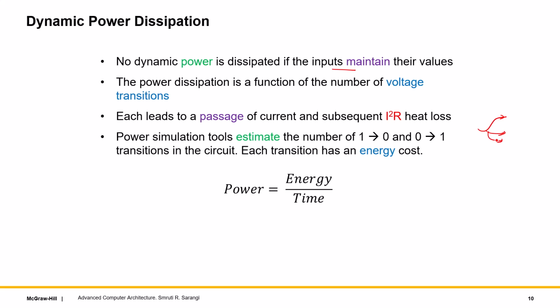So they know how many millijoules or nanojoules are spent for every transition, and that essentially determines the total power usage, which is the energy usage per unit time. So you typically find out how much energy you used in one cycle, and you divide that by the cycle time.